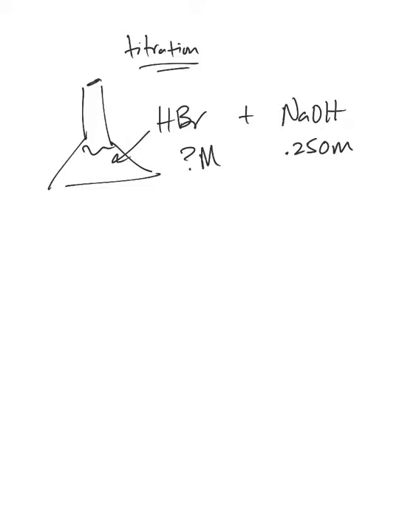If I had 50 mLs of, you know what, I'm going to change that, because that's not usually the way they write it. Let's say I had 50 mLs of this acid, and it took 28.5 milliliters of the base to neutralize.